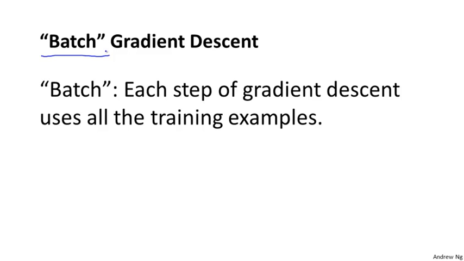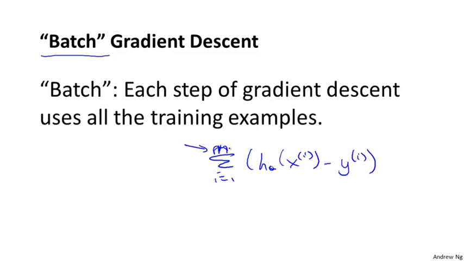So in gradient descent, when computing derivatives, we're computing these sums. In every step of gradient descent, we end up computing something like this that sums over all m training examples. And so the term batch gradient descent refers to the fact that we're looking at the entire batch of training examples. And again, this is maybe not a great name, but this is what machine learning people call it.